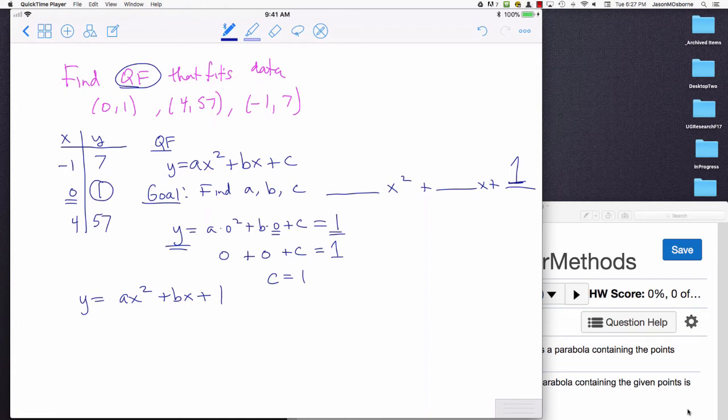And now you probably need to use the other 2 points. You haven't used x is -1 yet, and y is 7. So why don't you put 7 for y, -1 for x, and then put 57 for y and 4 for x.